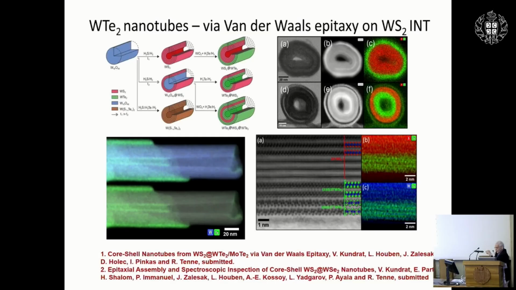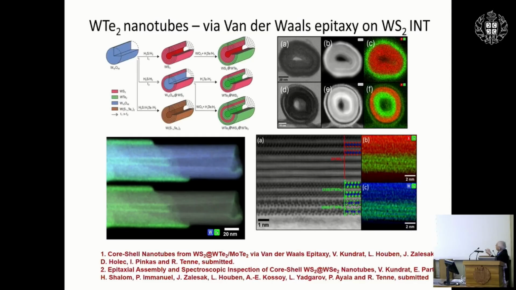So what is the idea that he took? He took the following path. He took the tungsten oxide whisker and coated it with a few layers of tungsten disulfide. So again, from outside in, a few layers of tungsten disulfide form and coat the tungsten oxide core.